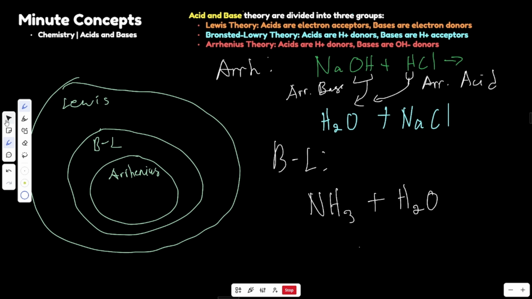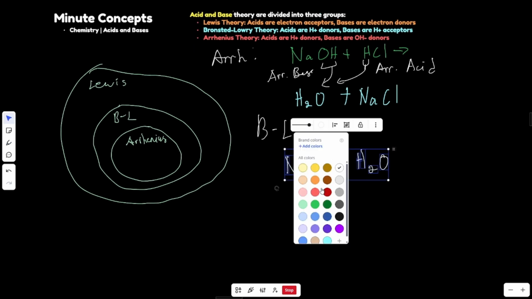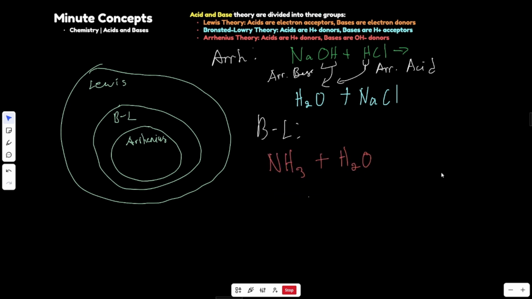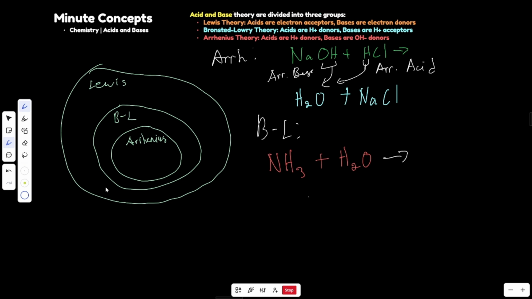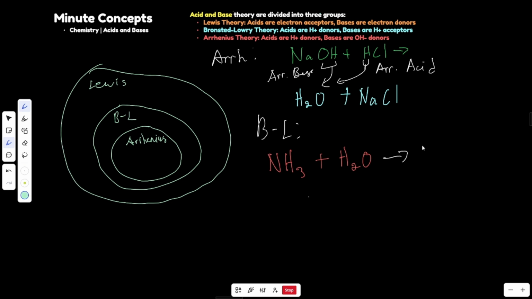Okay, let's zoom this out a bit, and we'll change the color of this one. Let's make it red. Okay, there. So we have our ammonia and our water, and then we convert this into NH4. Now NH4 is an ion, and it has a charge of +1.